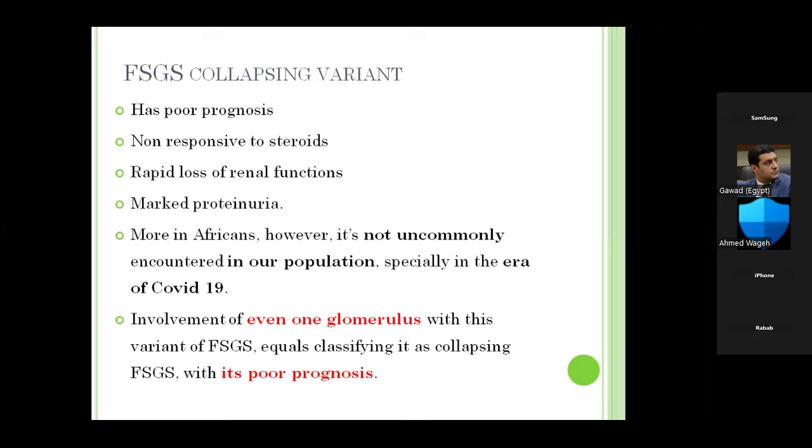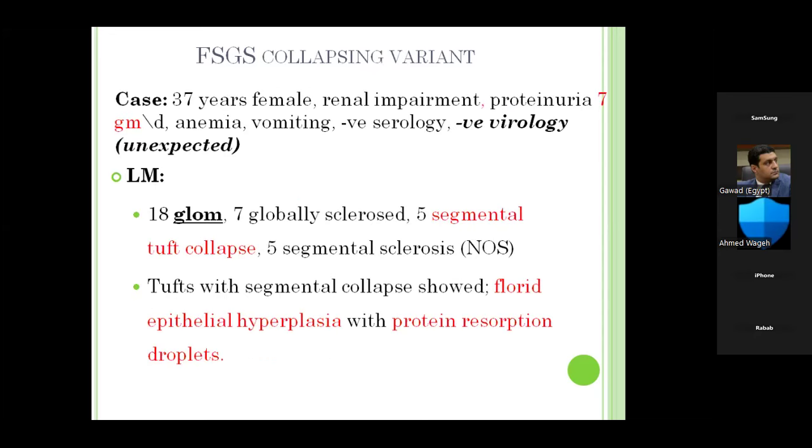So I will not say that this is a collapsing focal segmental glomerulosclerosis unless it has the full picture with marked proteinuria and the full picture for the collapsing variant, for this ominous term to give for a patient. And more of these patients are Africans. However, it's not uncommonly encountered in our population, especially in the era of COVID-19.